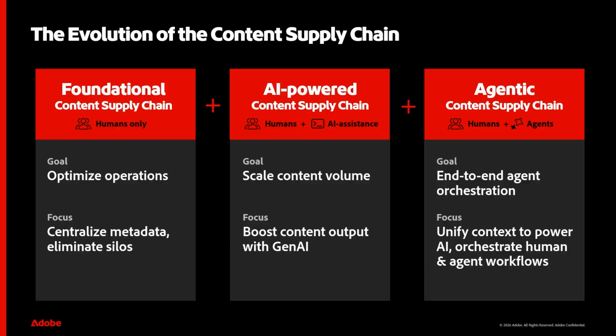Phase 1, maybe phase isn't the right word to say, but let's say the first process that people often do is being able to establish with humans, how do they work? How do you optimize your operations with your workforce? How do you centralize that metadata? How do you eliminate silos so people are working better together? How do you establish that enterprise context already by utilizing products like Workfront to be able to help establish that, or assets, AEM, et cetera?